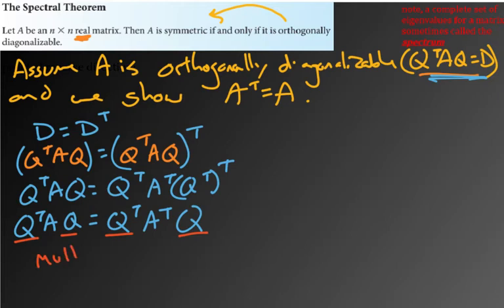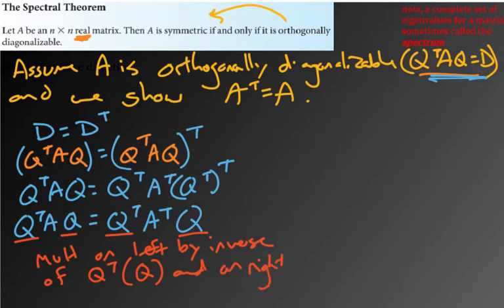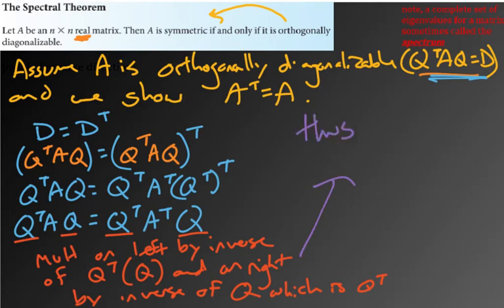If you multiply on the left by the inverse of Q^T, which is Q, and on the right by the inverse of Q, which is Q^T, then of course you would see that we have thus A equals A^T, or A is symmetric.